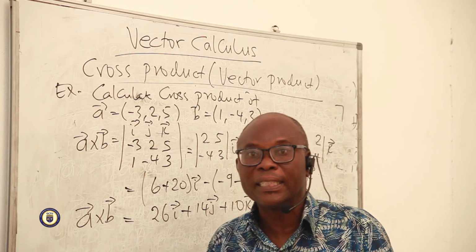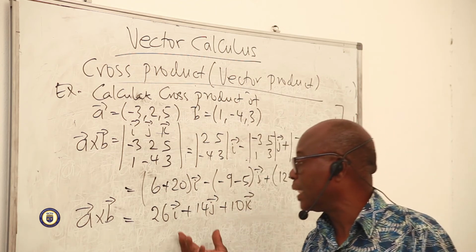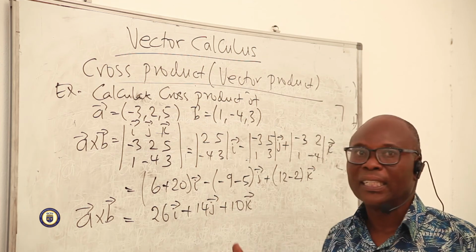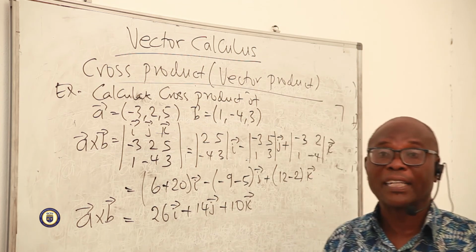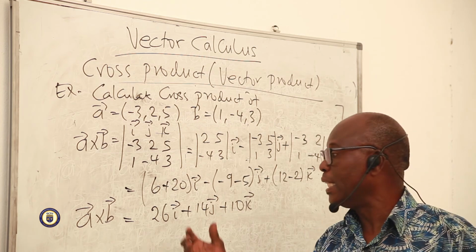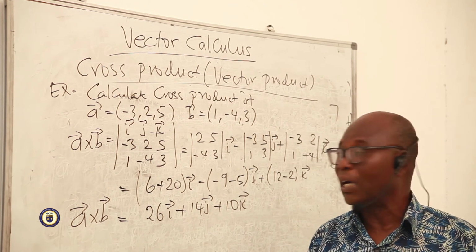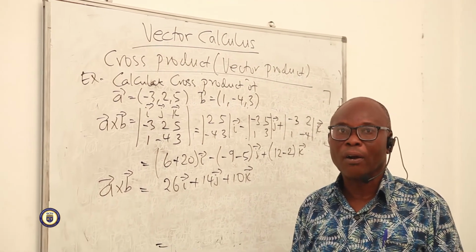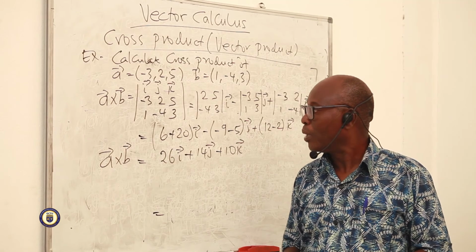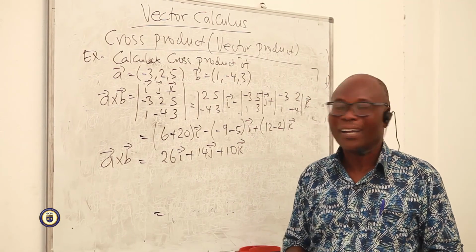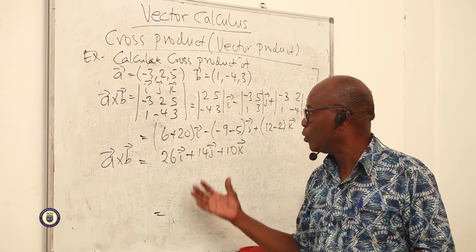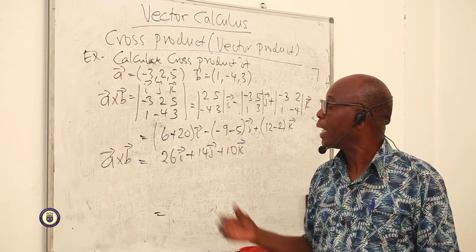We can see from the answer that the cross product of two vectors still remains a vector, and every vector has a magnitude, so we can always calculate the magnitude of this vector. I hope we've been able to explain it and you've been able to learn the formula.